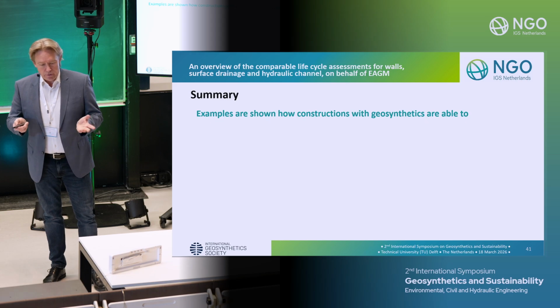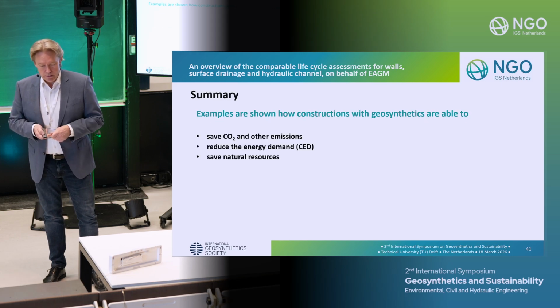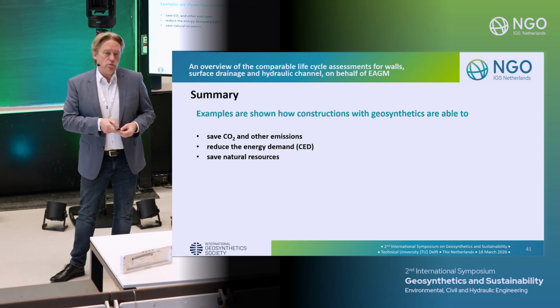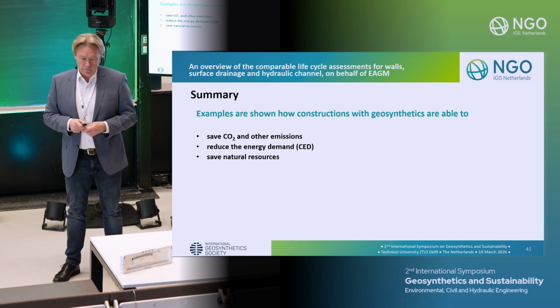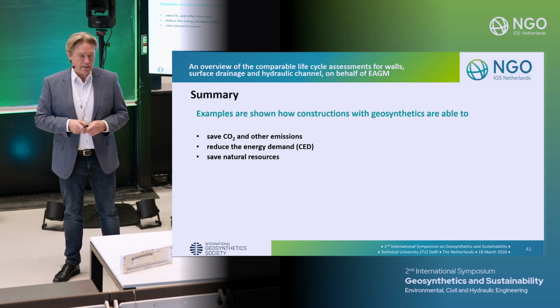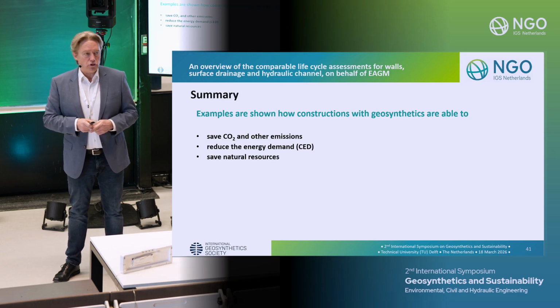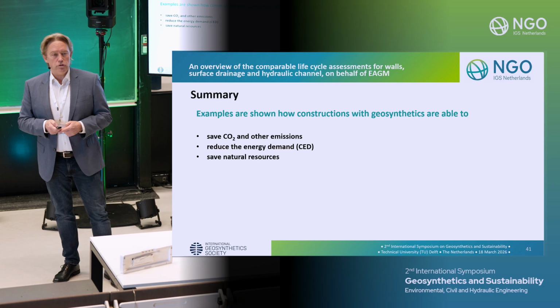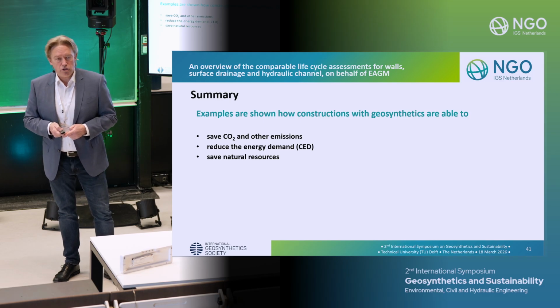So to summarize what I just have shown you, and I think that's really the summary of all the 6 cases, we clearly can see and show that CO2 is saved, as well as other emissions, when you use geosynthetics instead of classic construction materials.